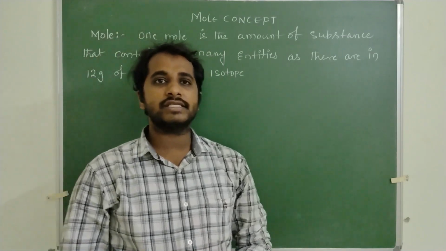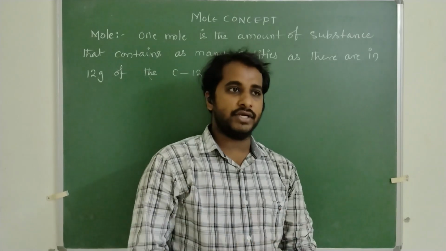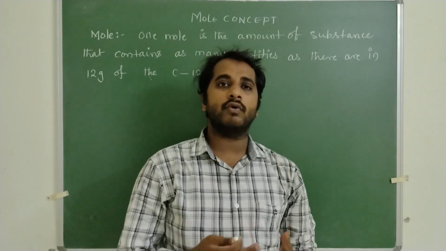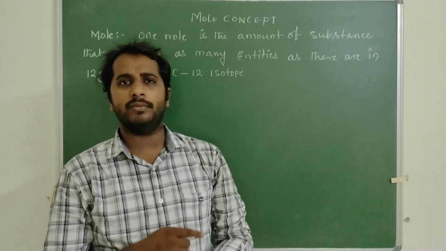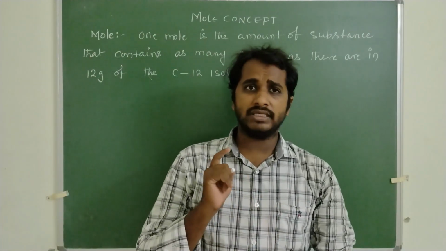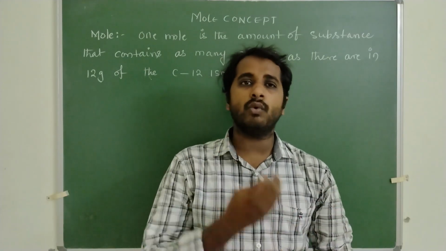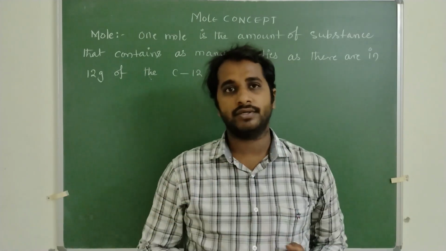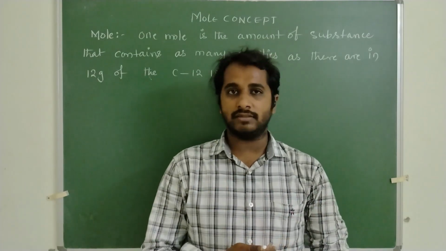Generally, mole is just a measuring unit for chemical substances. For example, if you want to measure distance, the measuring unit is kilometers or meters. To measure volume, liters, milliliters, right? Like that, for each and every quantity we have some measuring unit. Here mole is the measuring unit for chemical substances.